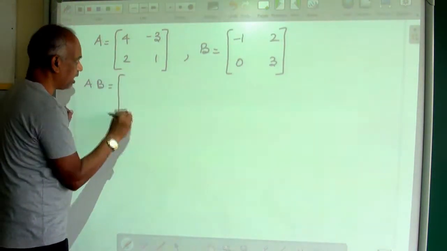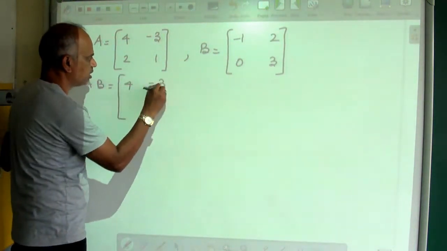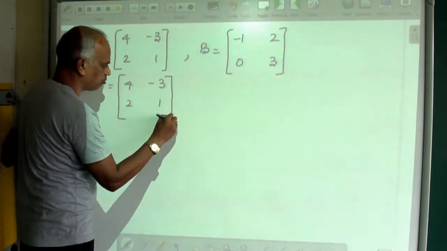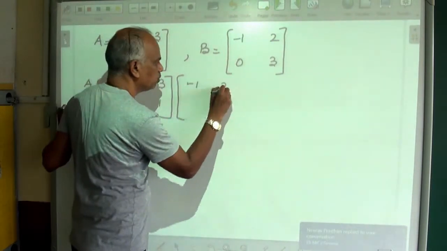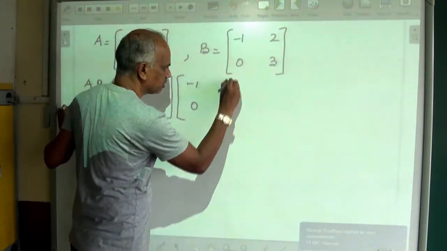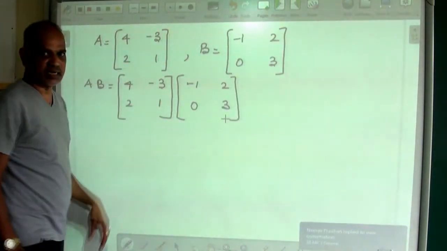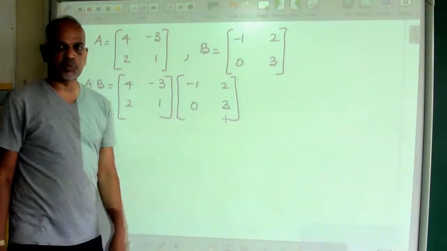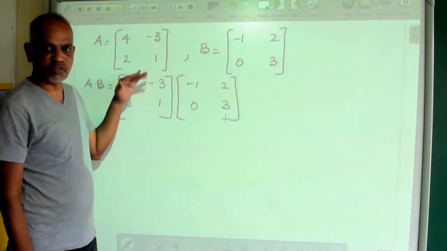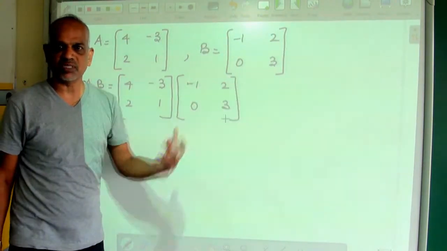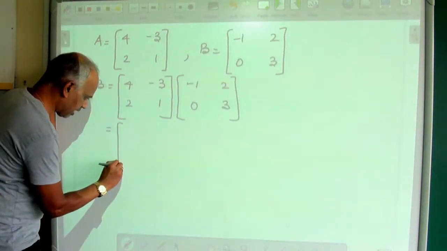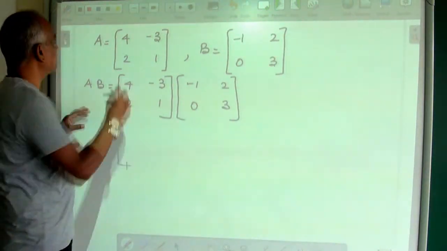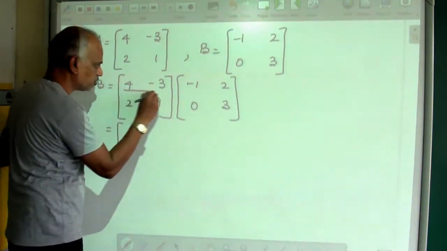That is A, 4 minus 3, 2, 1 has to be multiplied with B, minus 1, 2, 0, 3. As I told you, when you multiply two matrices, you multiply rows of the first matrix with columns of the second matrix. So, let's see how to multiply. Let's take the first row. This is the first row.